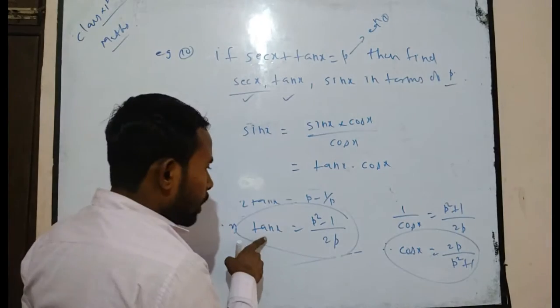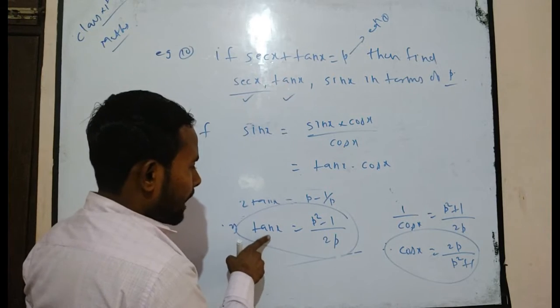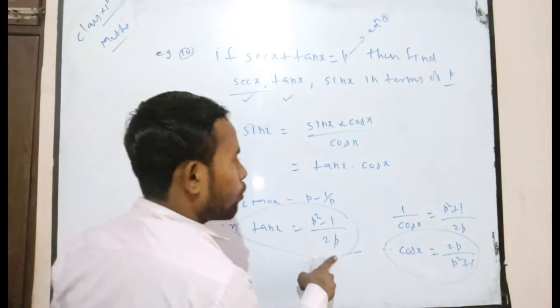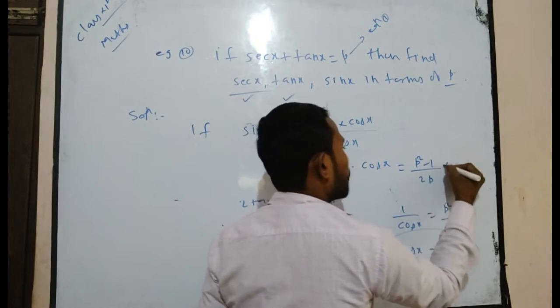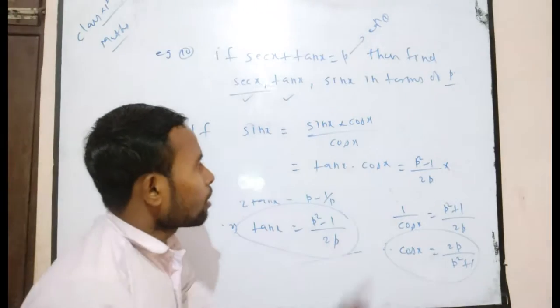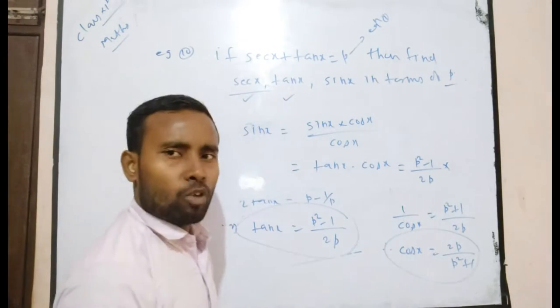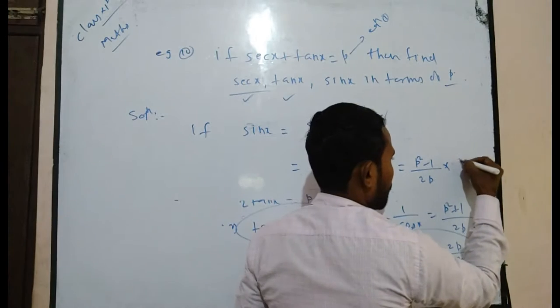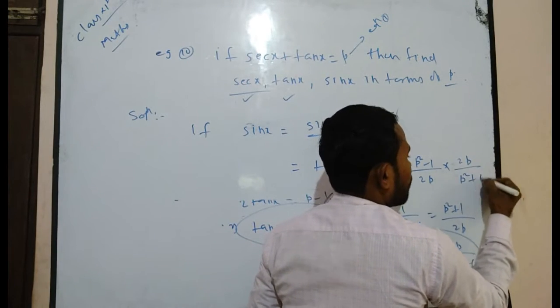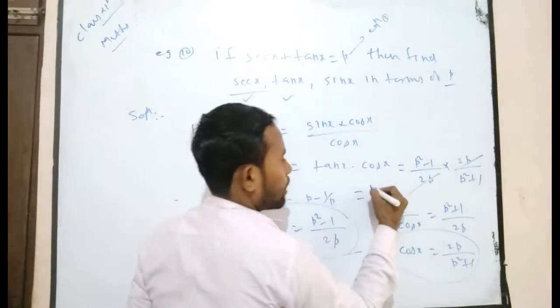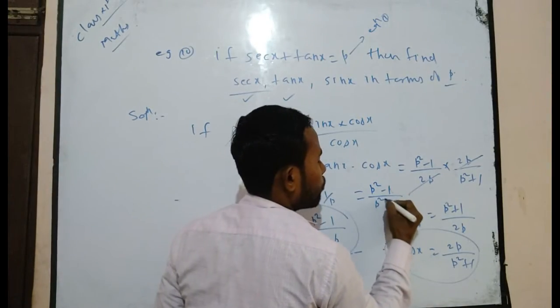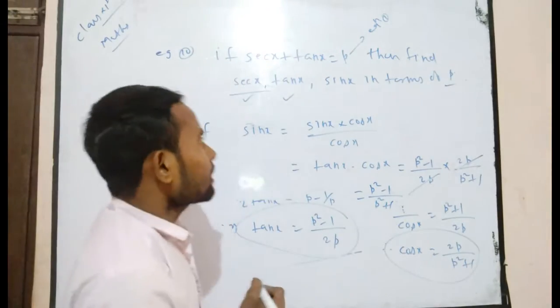As you know that you have already got tan x is equal to p square minus 1 divided by 2p, that means p square minus 1 divided by 2p into, and you have also got cos x is equal to 2p by p square plus 1. So you can cancel here 2p, and finally you get sin x is equal to p square minus 1 divided by p square plus 1. This is the smart method.